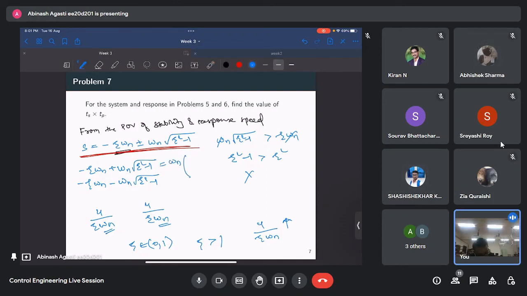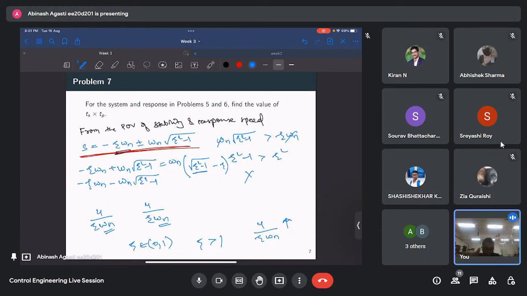Because this is omega n into root zeta square minus 1 minus zeta. So obviously zeta is greater than root zeta square minus 1. So we will always have poles in the left half plane, correct? If the system is overdamped.